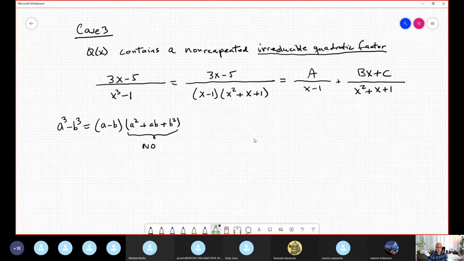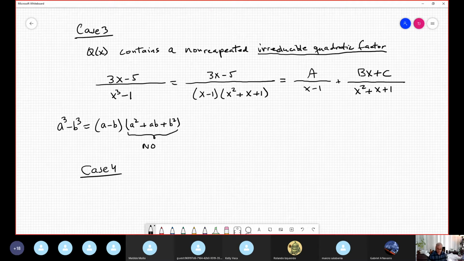Repeated is when you have exponent 2 here, or exponent 3, then it is more complicated, which is case 4. I bring an example of case 4.